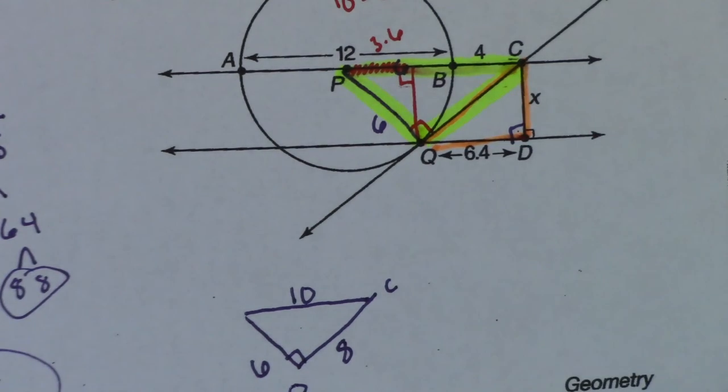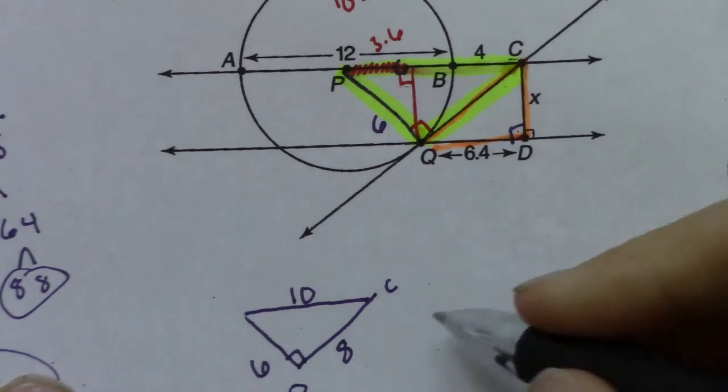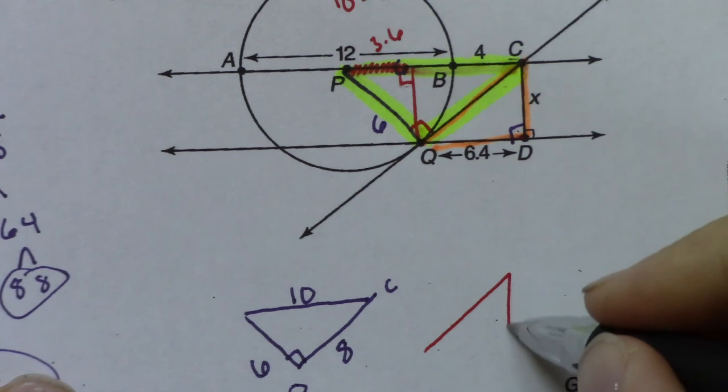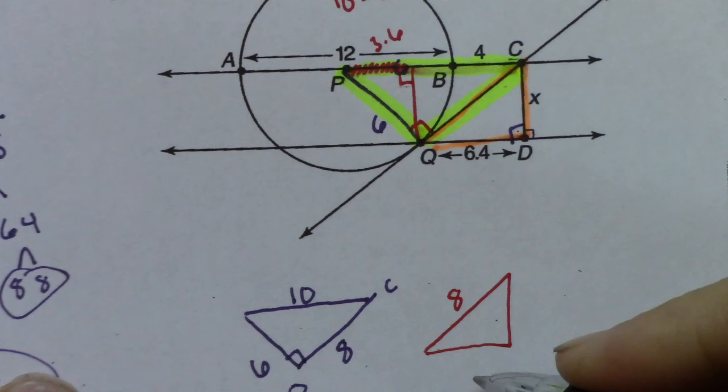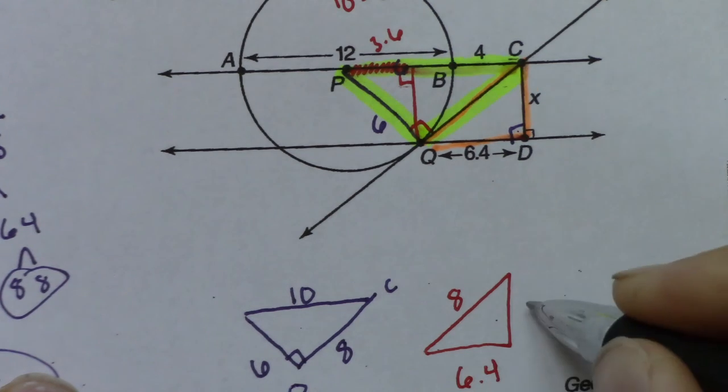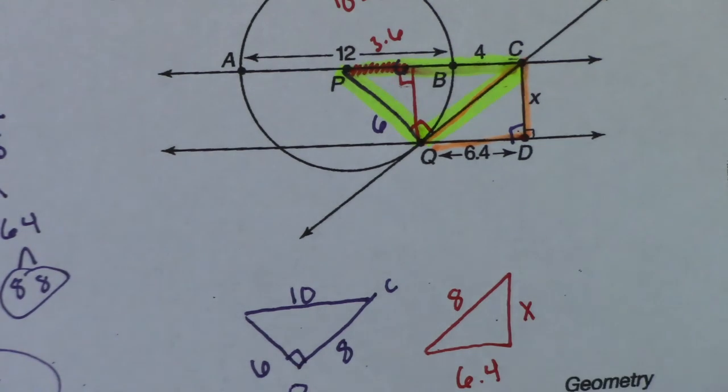and that triangle in orange, in which case I know my hypotenuse is 8, and I know QD is 6.4, and I want to find x. And now I do need to use Pythagorean theorem. So I'm just opening up my calculator because I don't want to do it by hand.